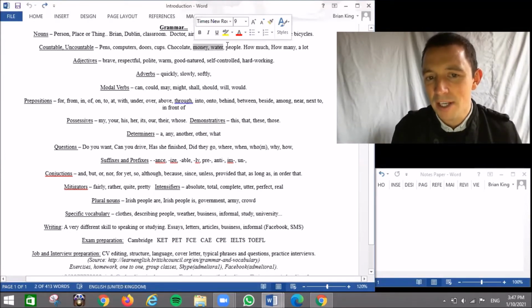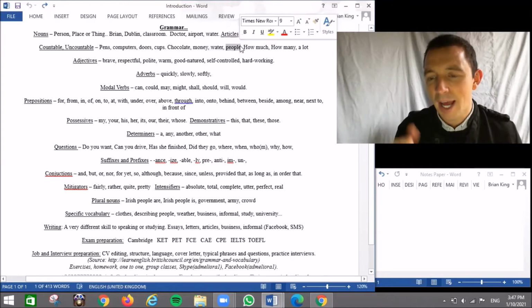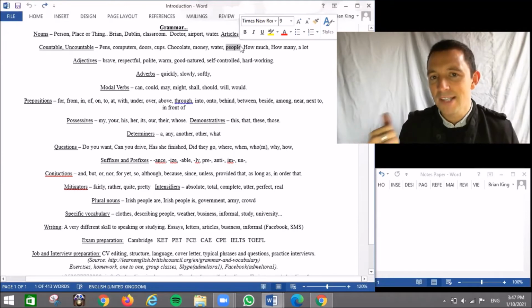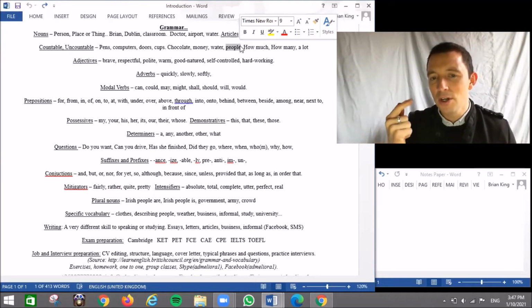And people is very interesting. Por ejemplo, siempre people, in my opinion, is plural. Singular is person, 1 person, 2 people, 3 people, 4 people. In español es diferente. Tienes un person y 2 personas. Pero in English, it's people, 2 people.